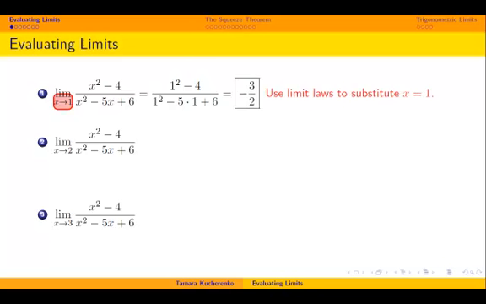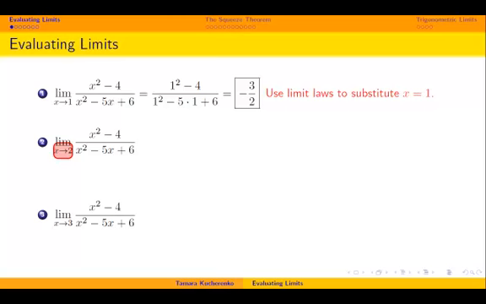Let's move on to the second example. Since we were successful in using substitution to compute the previous limit, we try it again here.